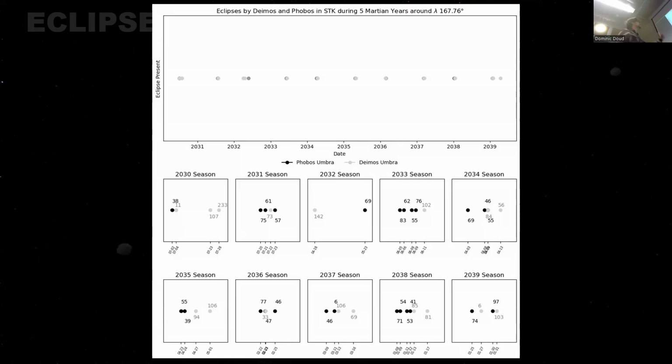And the bottom plot is each season. Gray is Deimos, black is Phobos. And each number represents the duration of the eclipse. And you can see that each season is drastically different. 2032 has 2 eclipses. 2038 has 6. It's incredible. And there's no pattern, at least that I can tell.